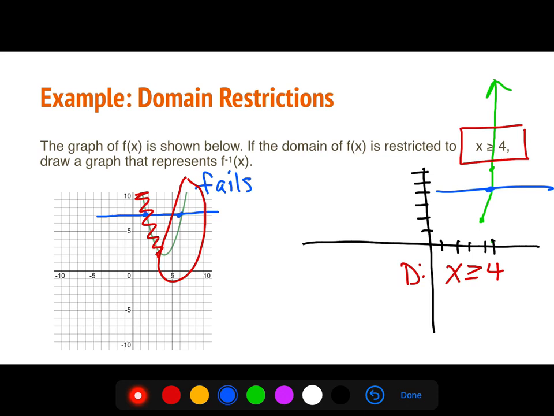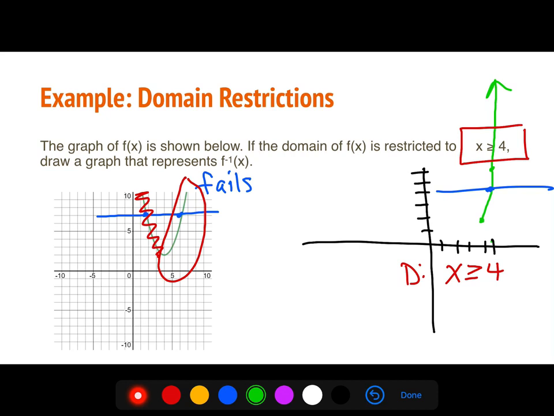So if I keep half of the U, it obviously passes. But if I went any further over here and made the U go this way, see, it would fail. So I don't want that part.